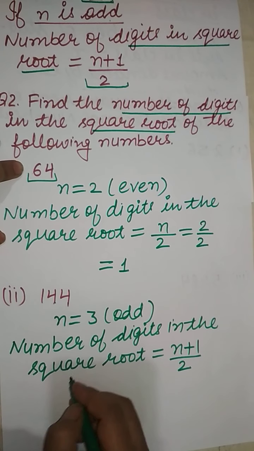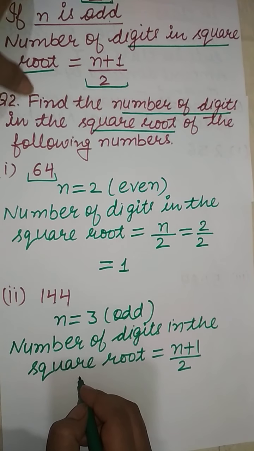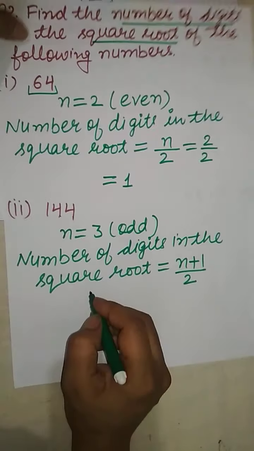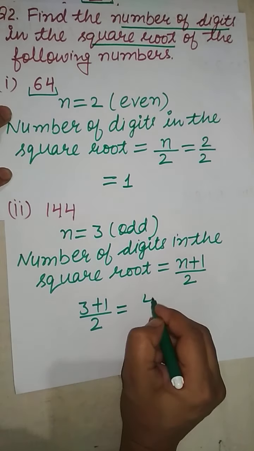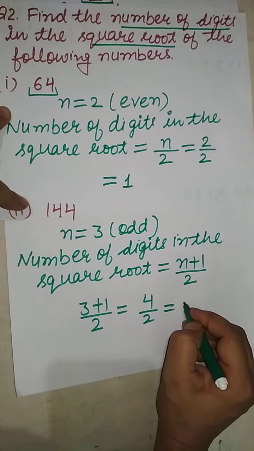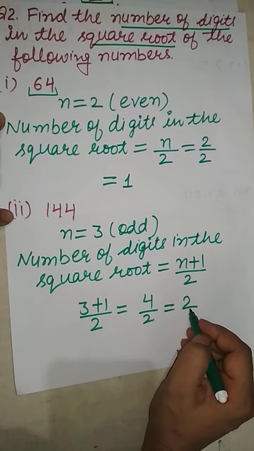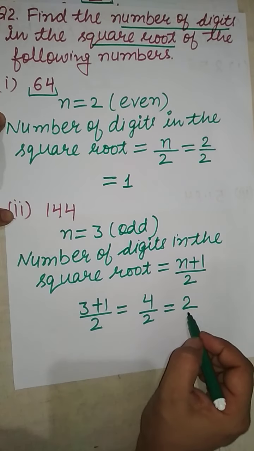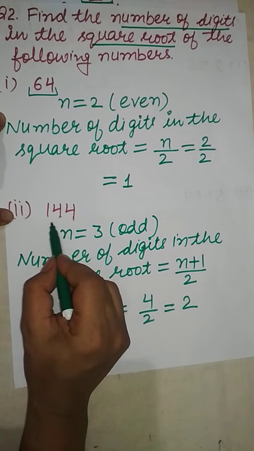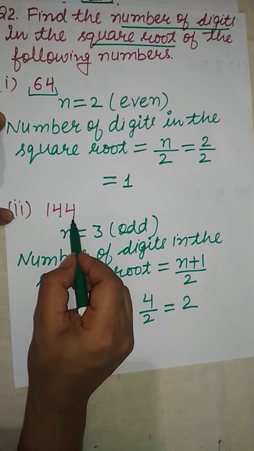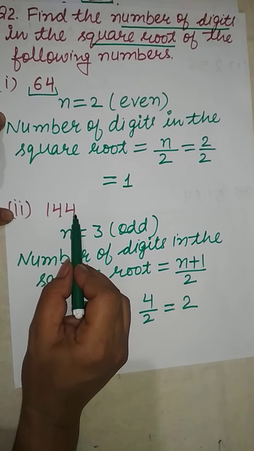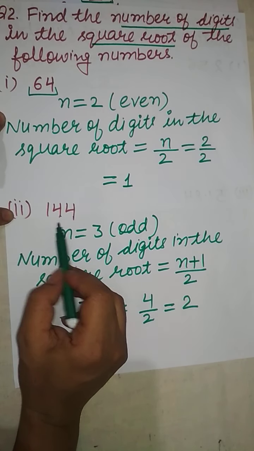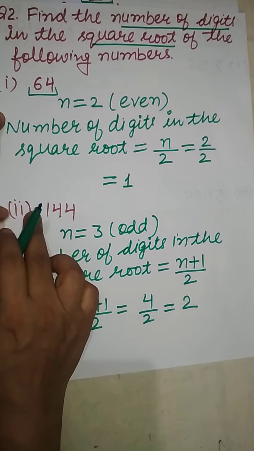That is 3 plus 1 by 2, that is 4 by 2, that is 2. It means the number of digits in the square root will be 2. That is, if I take the square root of 144, then the number of digits will be 2. And we know that the square root of 144 is 12, which is 2 digits.